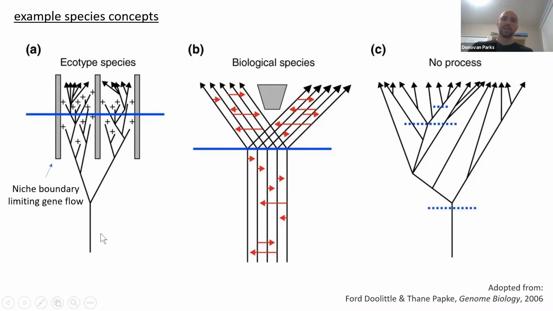So the first model here is the ecotype model. What it's illustrating here is this black line is indicating that we have some population, a group of cells, and they are maintaining genetic cohesion by the fact that every now and then there's a mutation that happens in this population. This mutation is very beneficial. So that cell is able to reproduce faster than everybody else in the population, to the point where there's a genetic sweep.